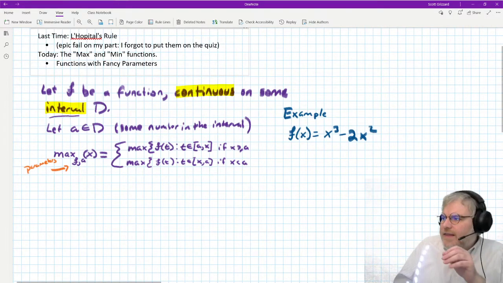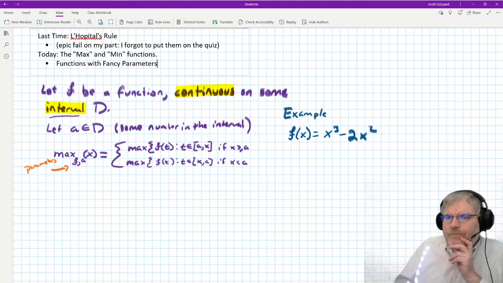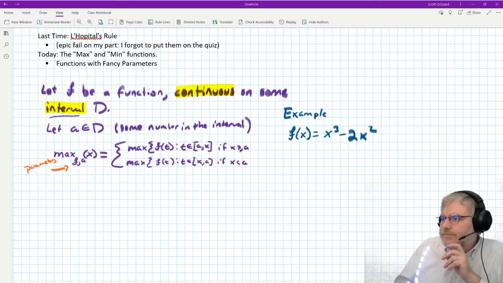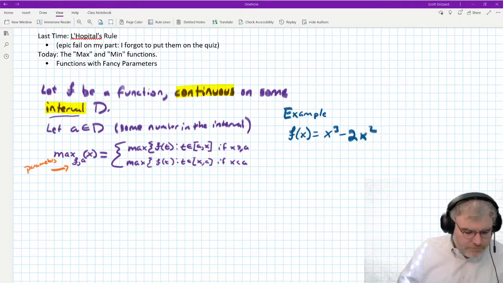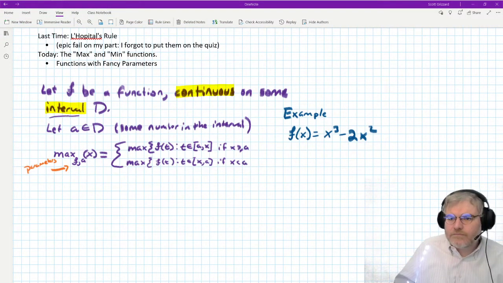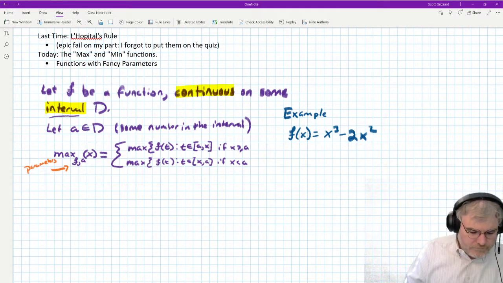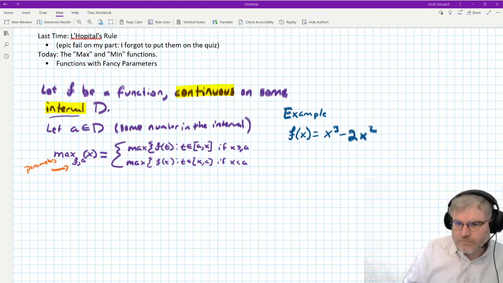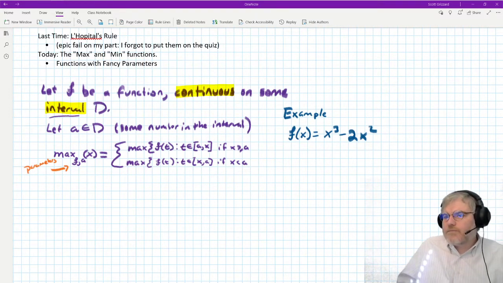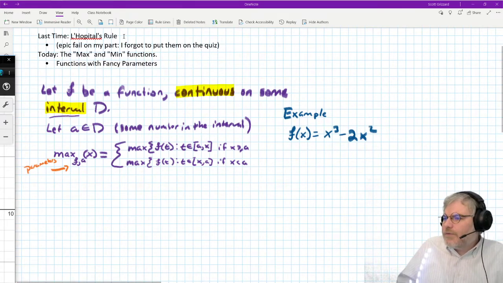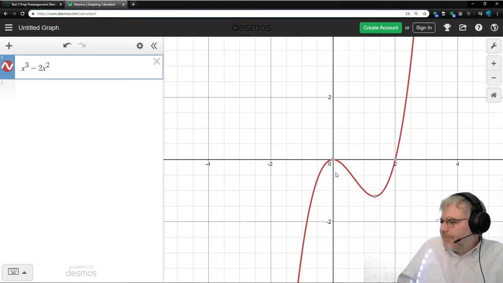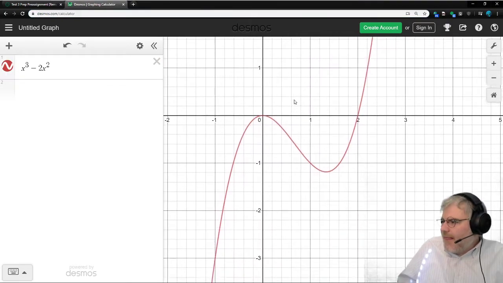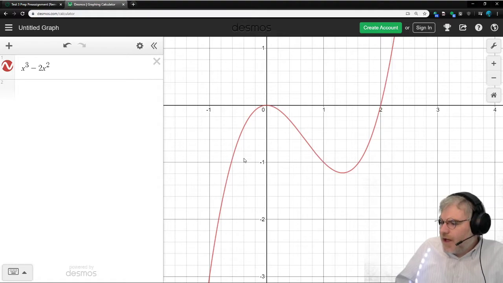All right, so let's look at this function here. Here is this function.